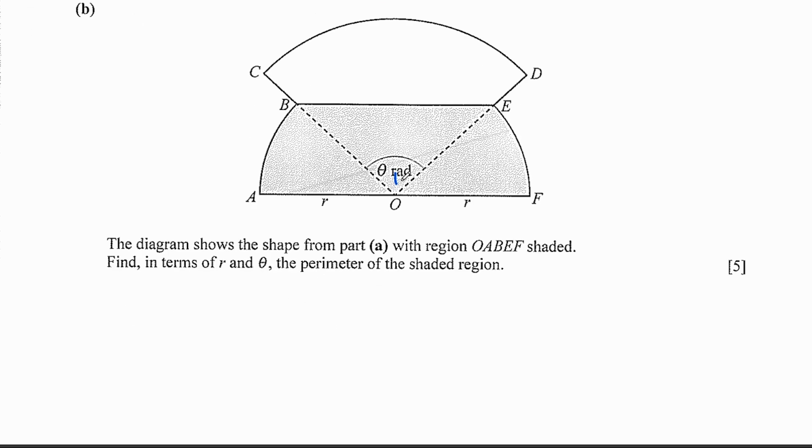Okay, for the next part, we want to find the perimeter of this shaded region, also in terms of r and theta.